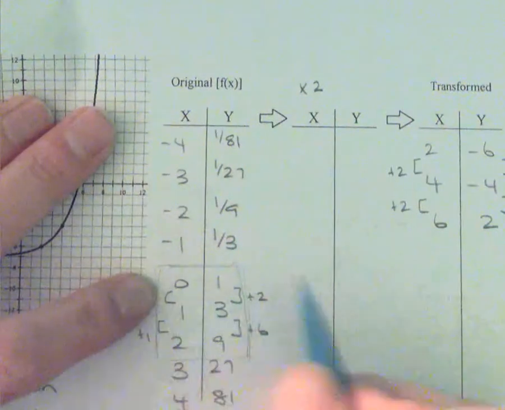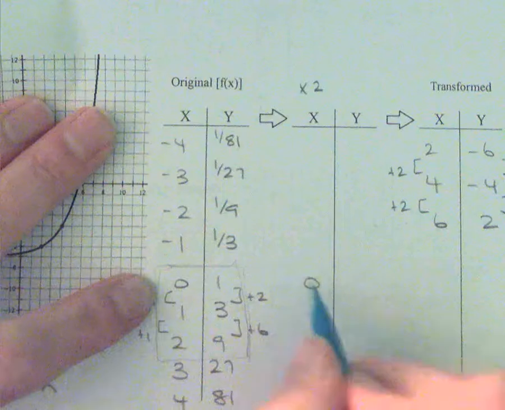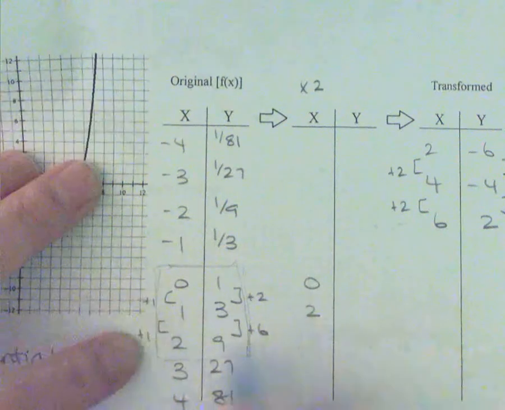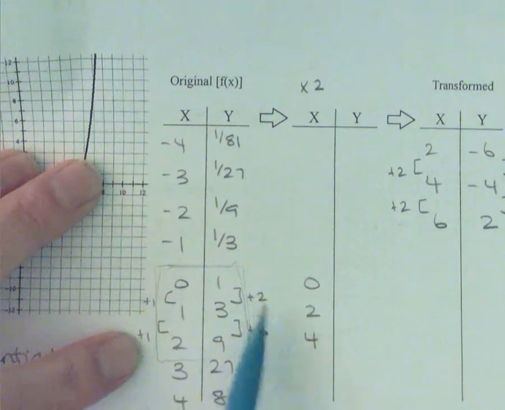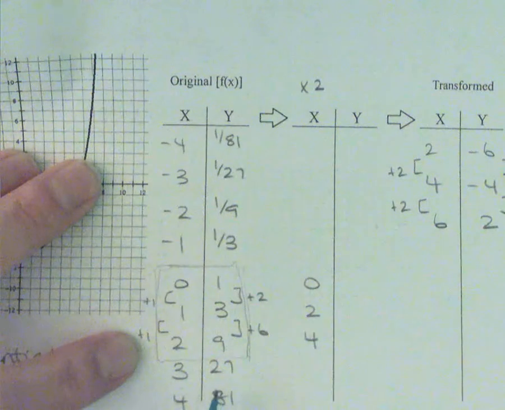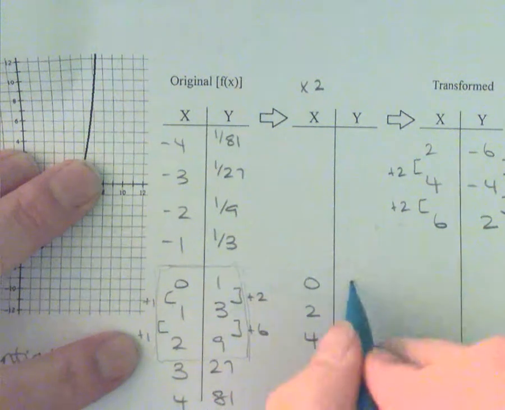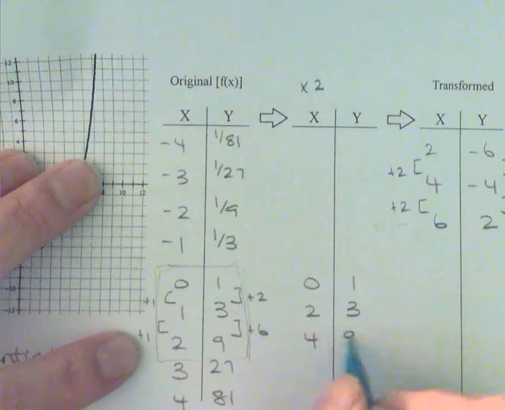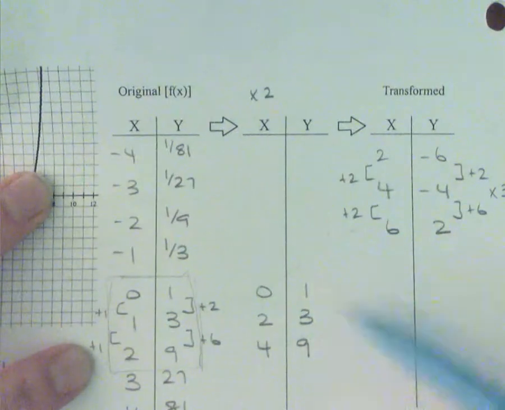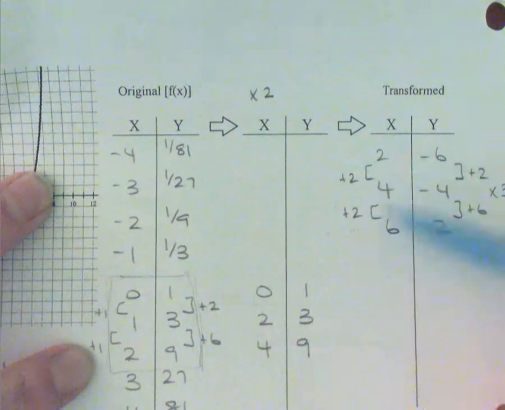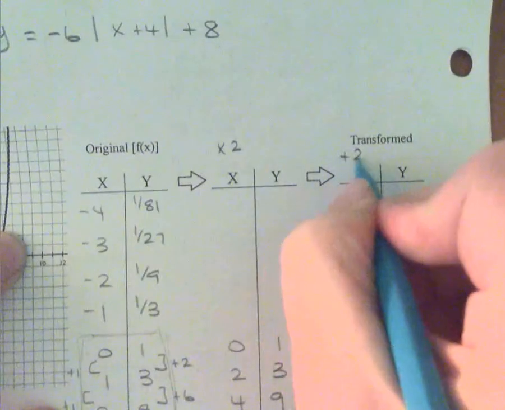So I'm going to multiply this by 2, I get 0. Multiply this by 2, I get 2. Multiply this by 2, I get 4. I went from 2 and 6 to 2 and 6, so nothing happened to y. So I'm going to get 1, 3, and 9 again. And now I look, I have 0, 2, 4, and they became 2, 4, 6. So what happened was I added 2.